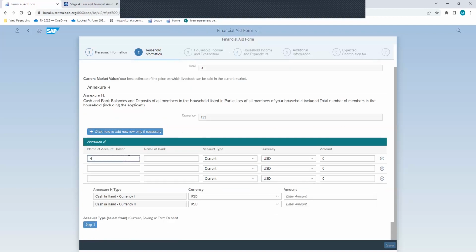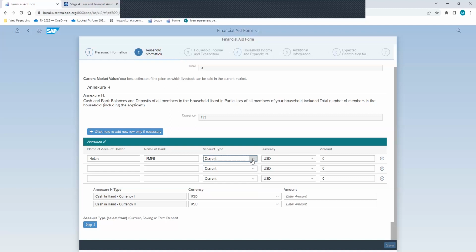One is for Helen, the name of the account holder. Helen was the mother. She has a bank account in FMFB. There are 3 types of accounts. Suppose it's current, like her salary account or something like that.